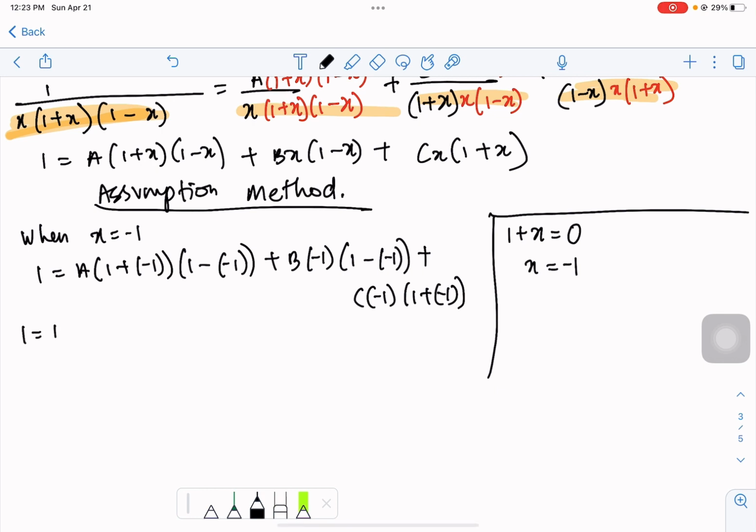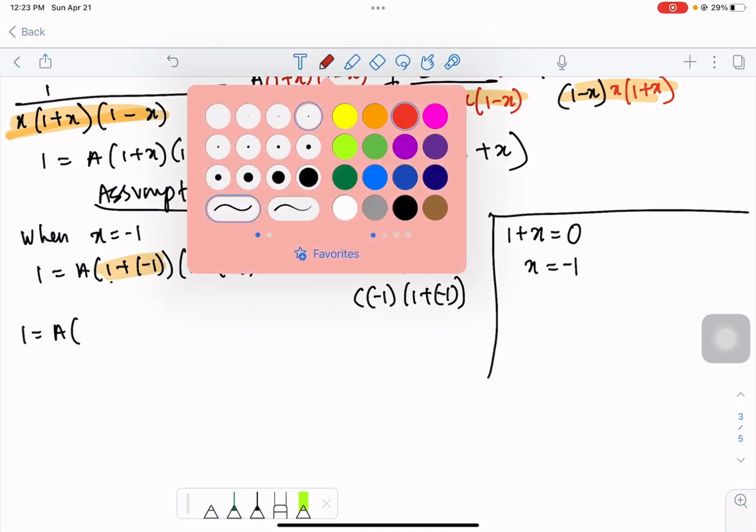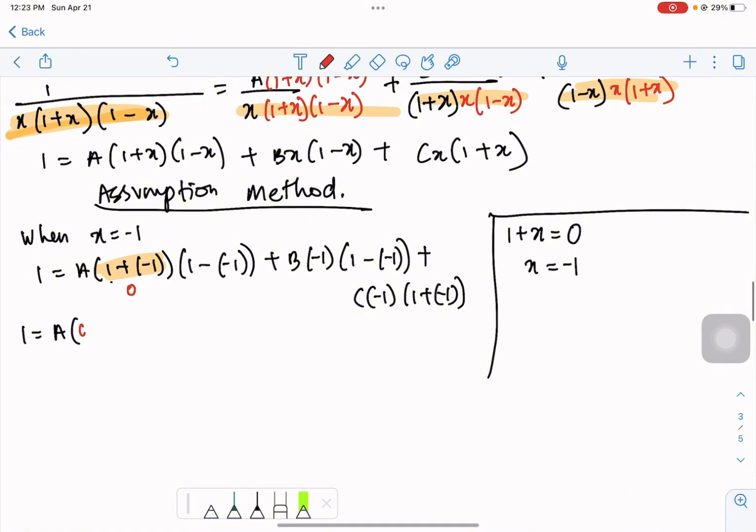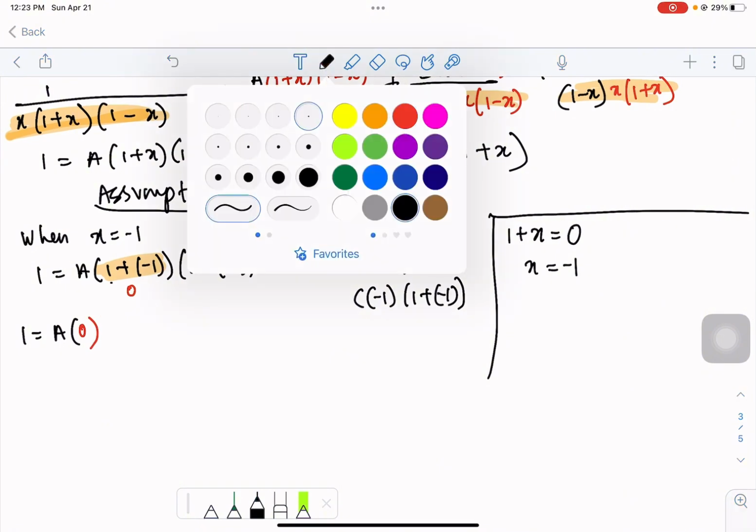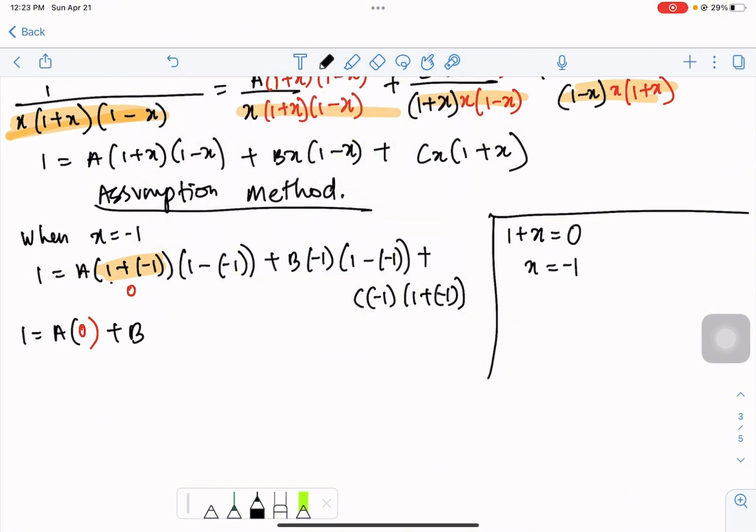So 1 equals a, times this here becomes 0, then we have plus b, this is also 0, negative 1, 1 plus 1 is 2, plus c times 0. So we have 1 equals negative 2b.